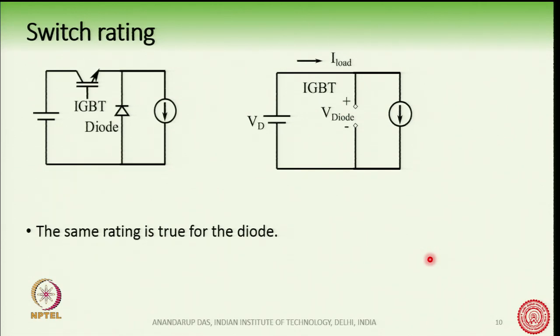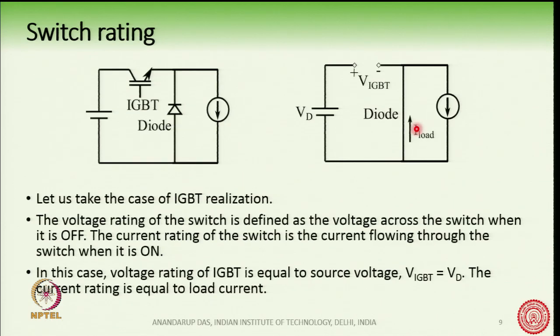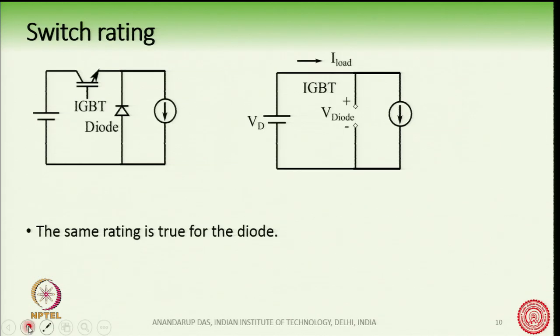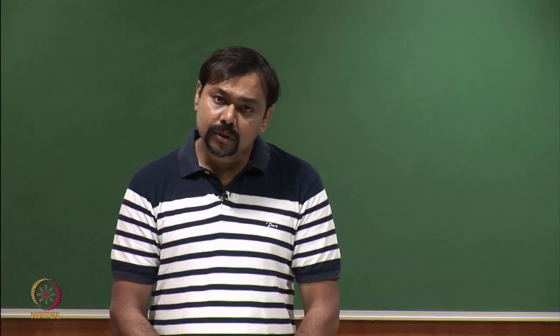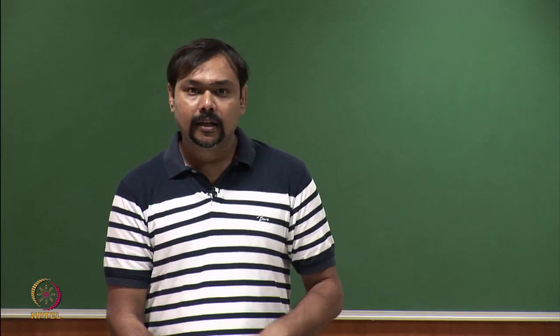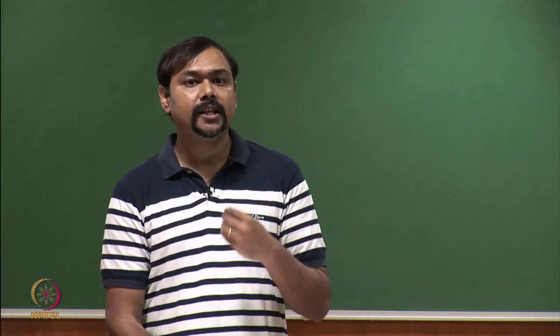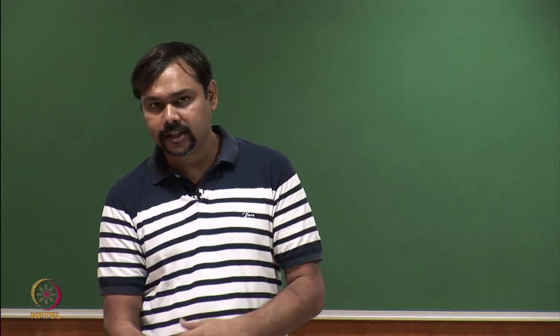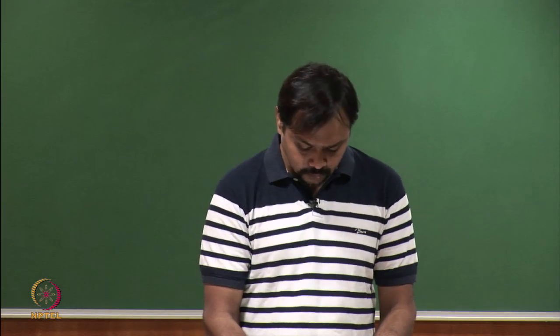Therefore, the voltage rating of the diode is equal to the source voltage. And what is the current rating of the diode? The current rating of the diode, as I have already shown here, is equal to the load current. So, the voltage and current ratings of both the IGBT and the diode are the same. Voltage rating is the source voltage and current rating is the load current.